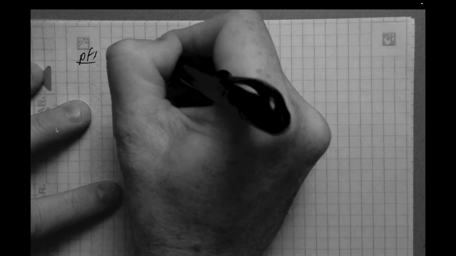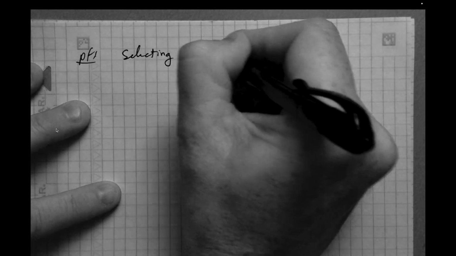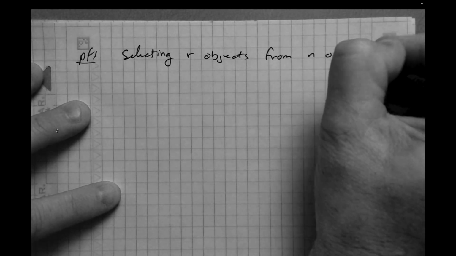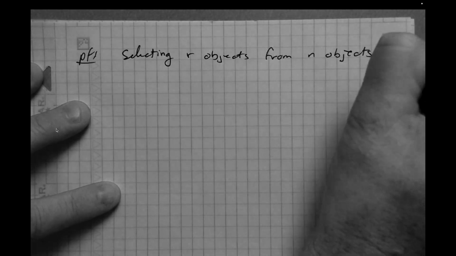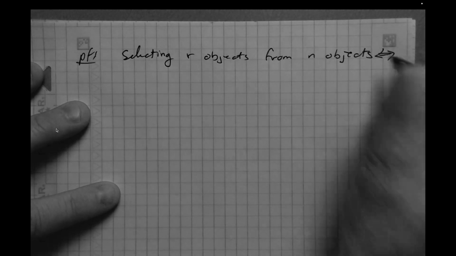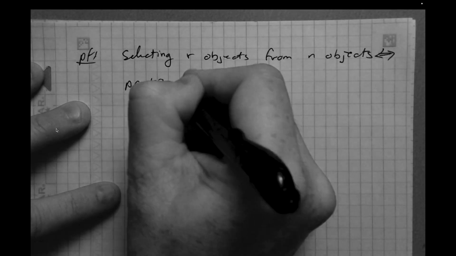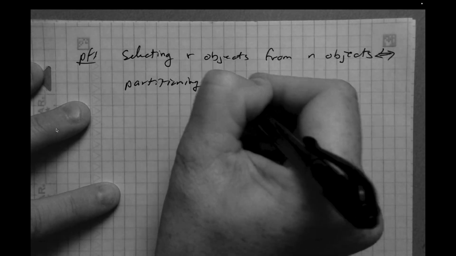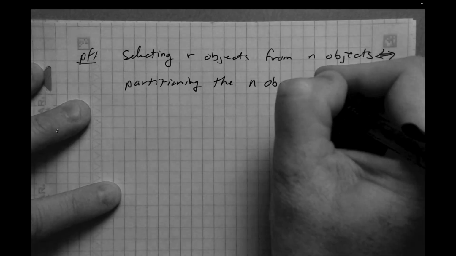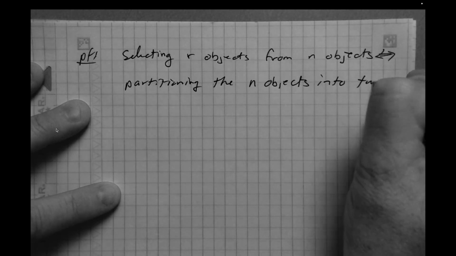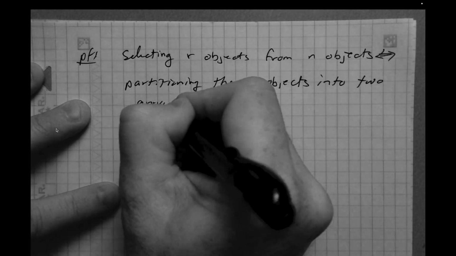So selecting r objects from n objects, right? This is equivalent to partitioning the n objects into 2 groups.